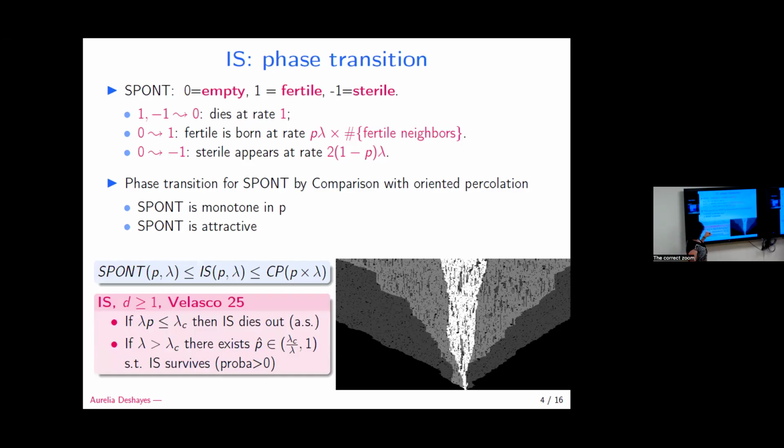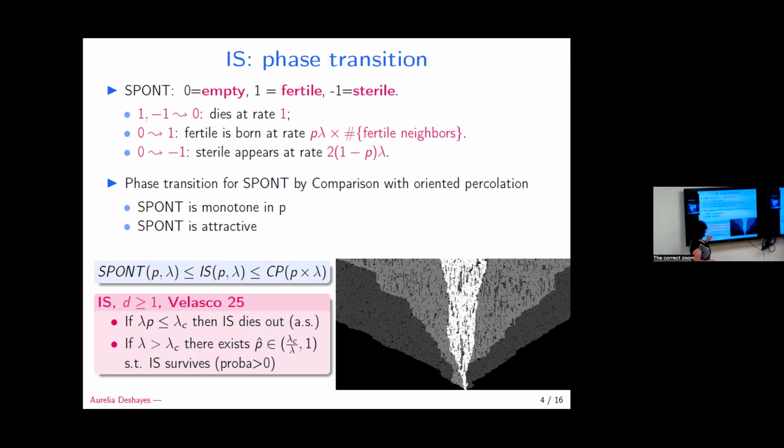That is, if lambda p is less than lambda c, the critical value for the contact process, then for lambda p small the process disappears. There is no radiated insect in the population.